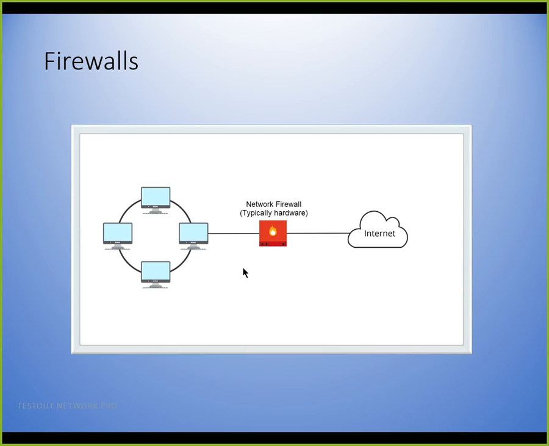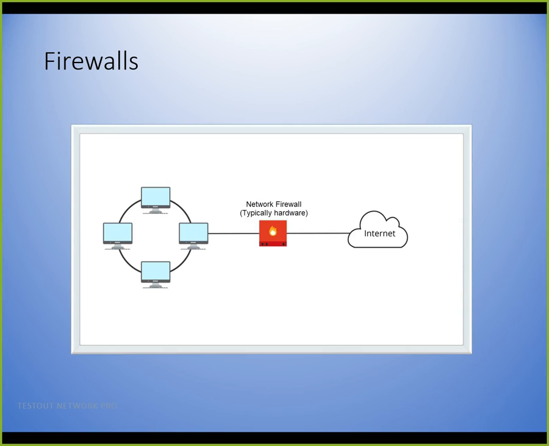So a network firewall is typically going to be a hardware firewall, a piece of equipment that we put at the edge of our network and configure with certain endpoints. We could use it as a VPN endpoint if we wanted to let somebody, the traveling salesman, connect to the network. We could have them use a client to connect to the firewall and then get onto the network.